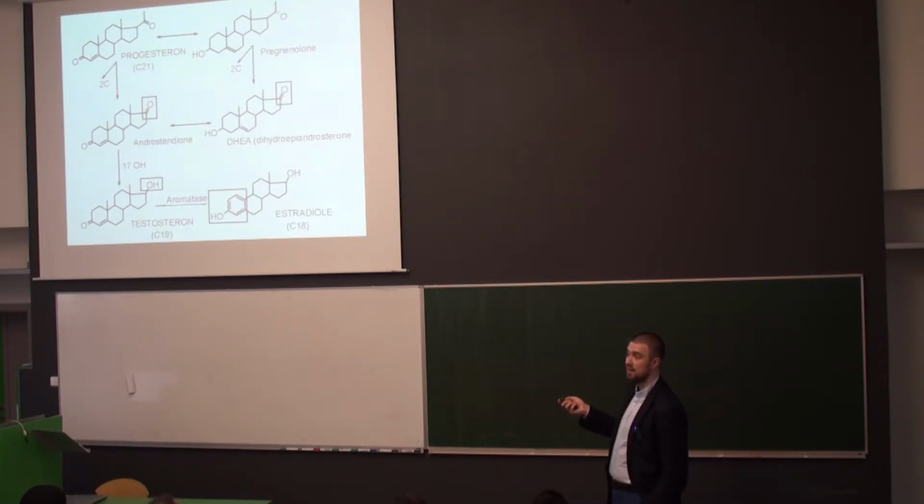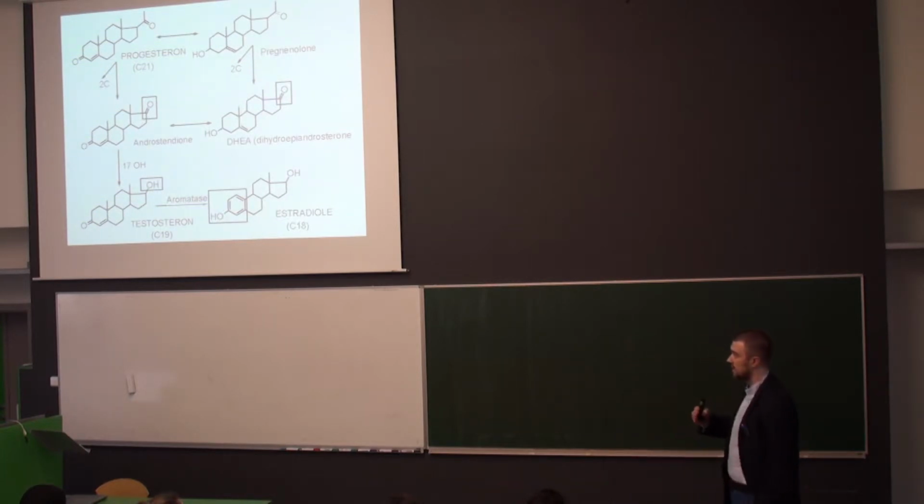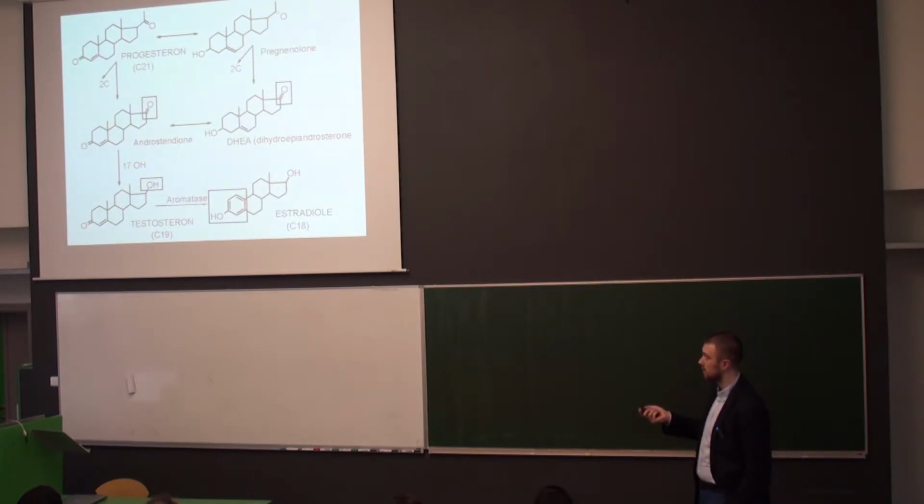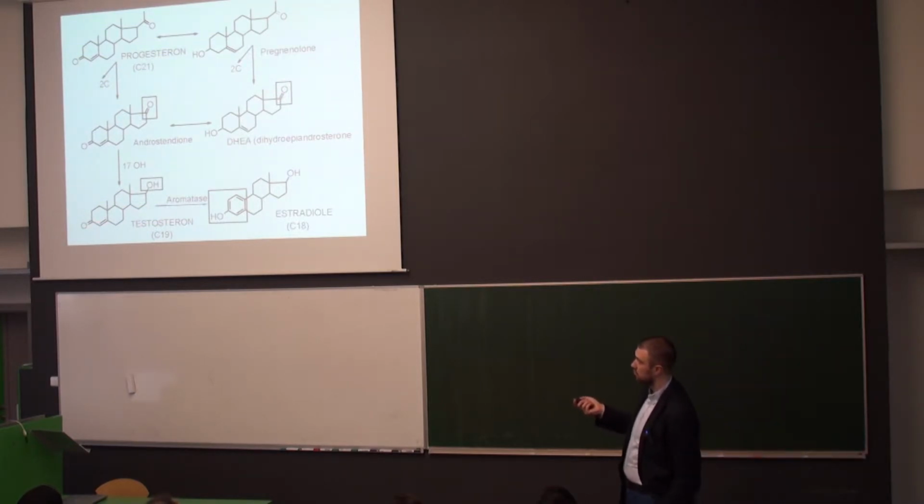This is done by 17-beta-hydroxysteroid dehydrogenase. Simply, if you say the reduction, the dehydrogenase, it's enough. So it's enough for you to say, I reduce keto group to hydroxy group. That means if you see a 19 carbon atom steroid that has here a keto group, and here a hydroxy group, it's testosterone.